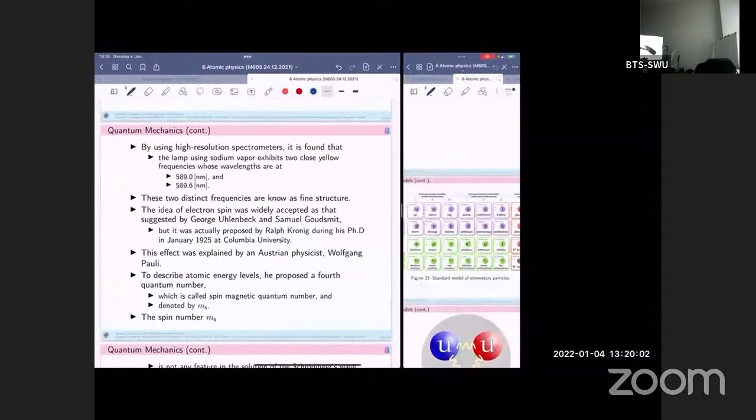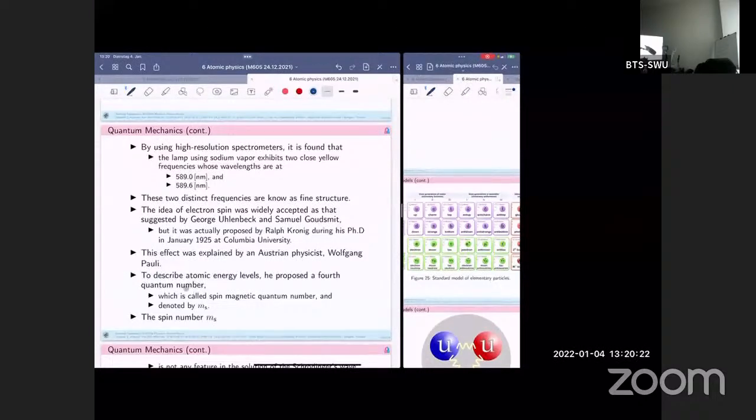But the idea was actually discussed by Kronig, who was not well accepted because at that time he was only a PhD student. To describe atomic energy levels, Wolfgang Pauli proposed a fourth quantum number.